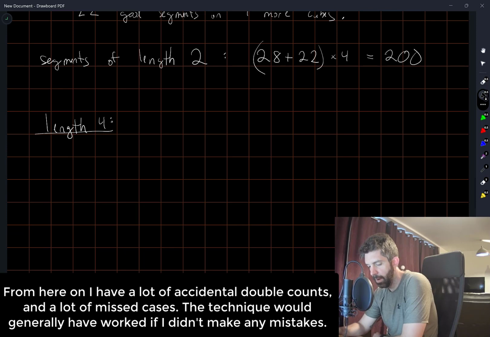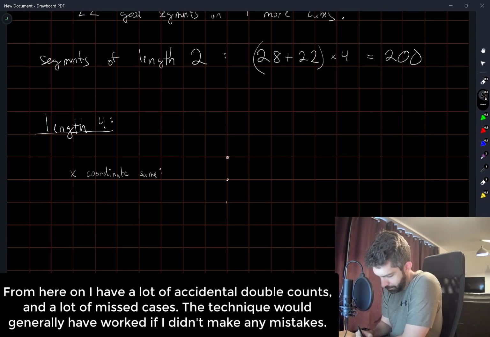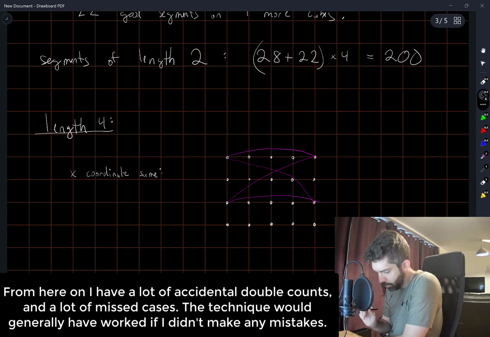I still want to only count the ones of length 4. So if the x-coordinate is the same, this picture that I've drawn here, with the crossings, that can also be shifted down by 1.